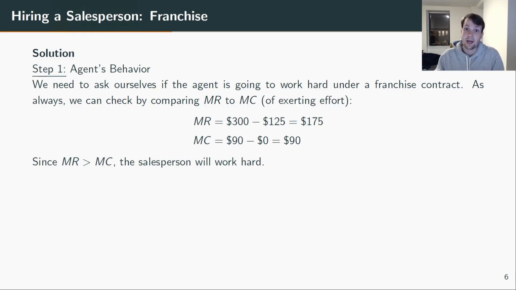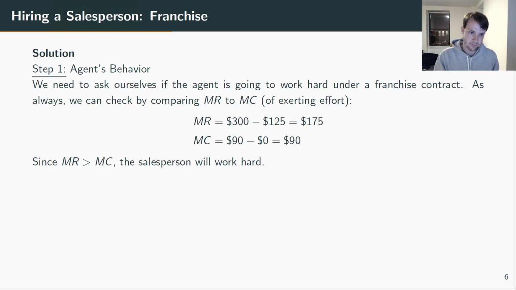They've already paid the franchise fee, so that is a sunk cost. All that matters to them is the revenue they make from working hard versus the cost. If they work hard, they make an additional $175, right? They get 300 of the total net sales instead of 125. In terms of marginal cost, they incur the effort cost of 90. Since marginal revenue is greater than marginal cost, we know they're going to work hard.